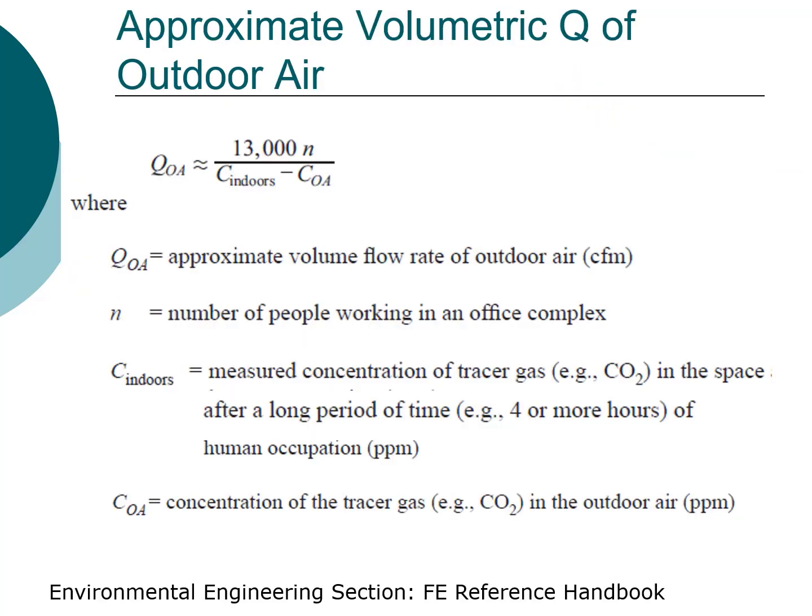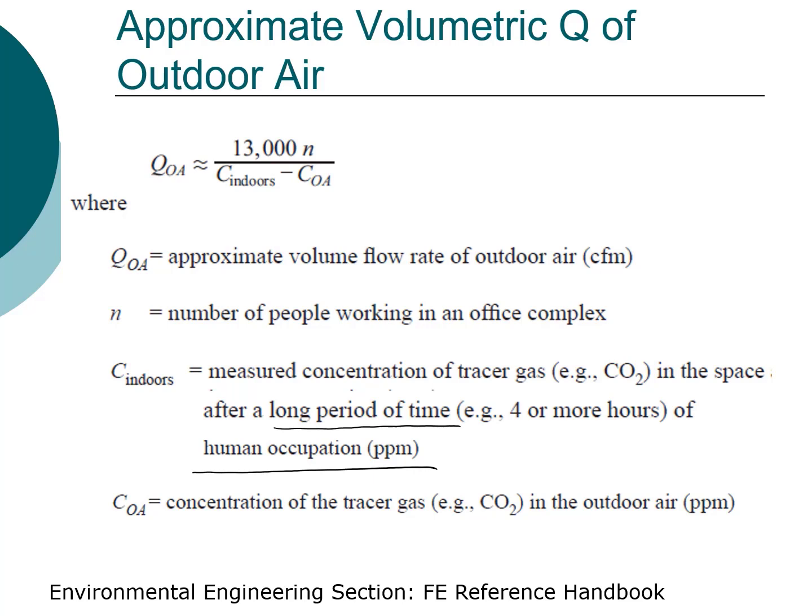So in this next problem here, which is actually taken from the industrial hygiene literature, it's an attempt to determine the relationship between the number of people working in an office complex, the concentration in this indoor space after a long period of human occupation.